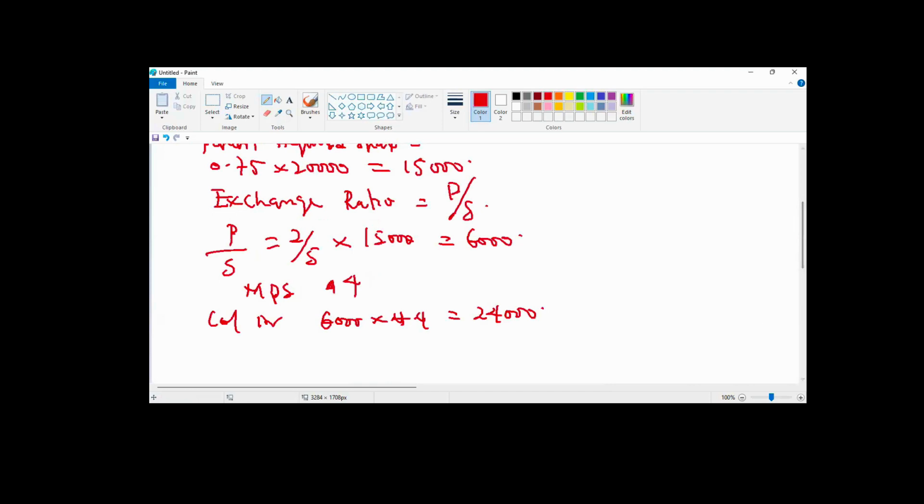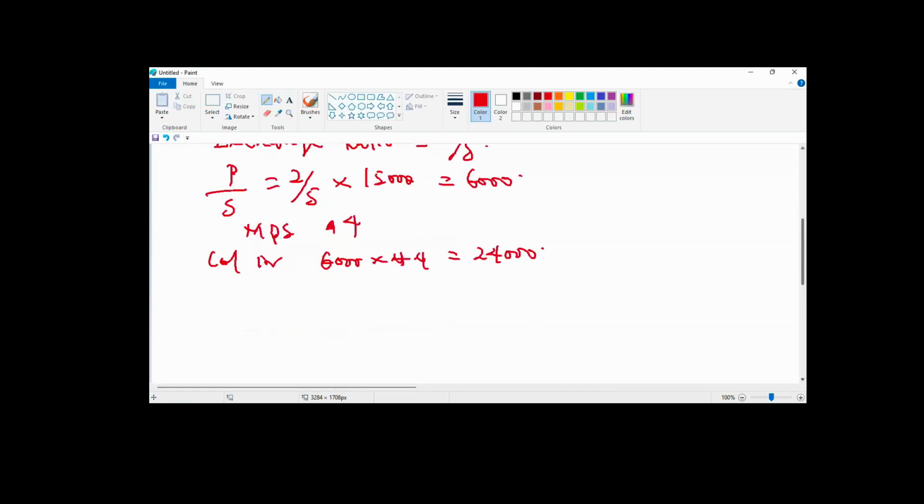Equity shares to be credited: 6,000 times the nominal value of 1 naira, to give me 6,000. Has it created a premium? Yes, share premium, which I'm going to credit.